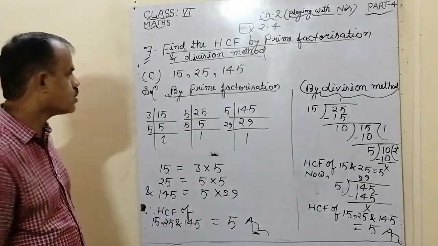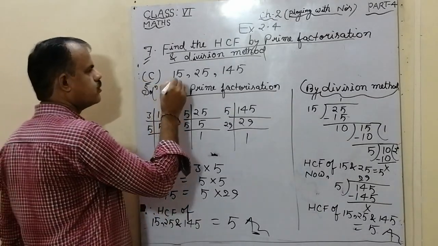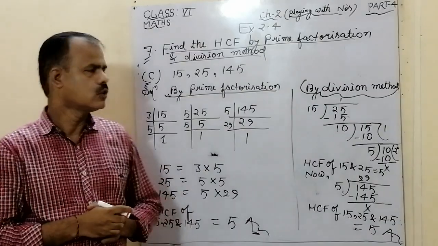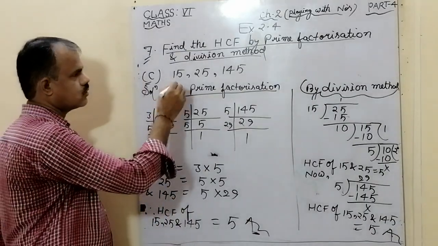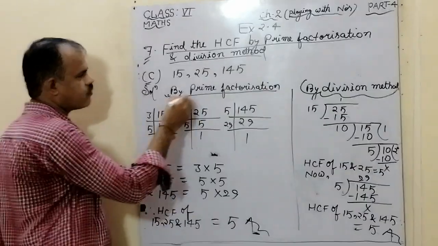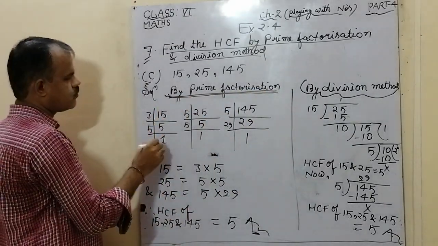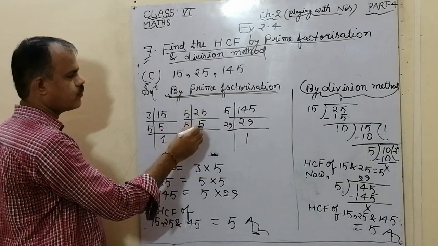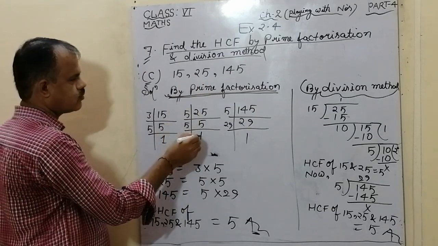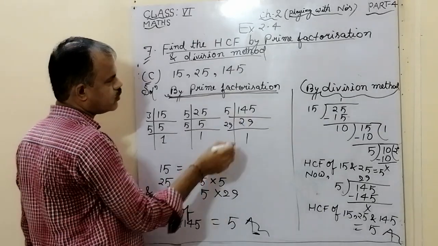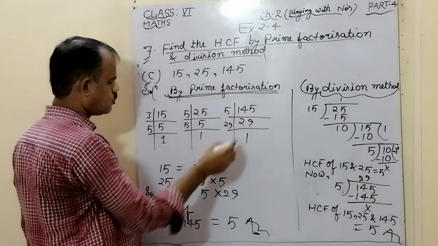See one more question, part C: 15, 25, 145. We have to find the HCF of these numbers. By the prime factorization method, first 15: 3 5s are 15, 5 1s are 5. 25: 5 5s are 25, 5 1s are 5. 145: 5 29s are 145, 29 1s are 29.